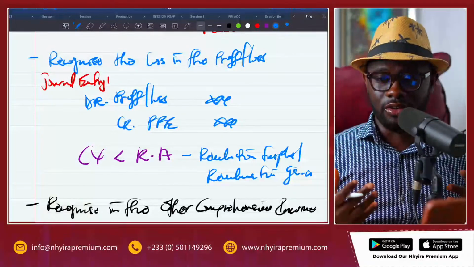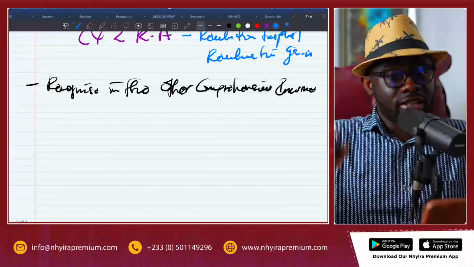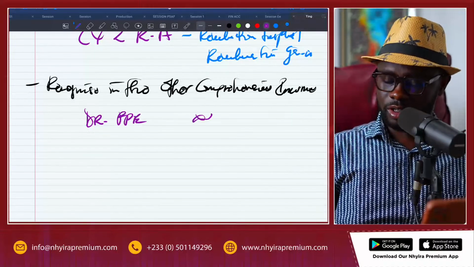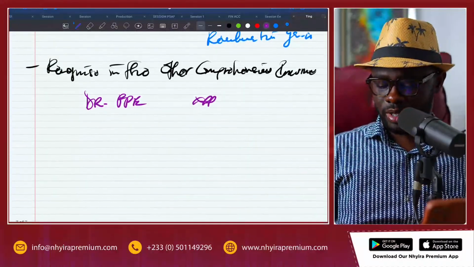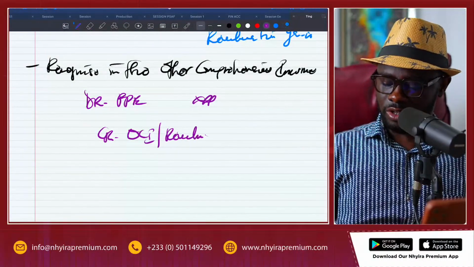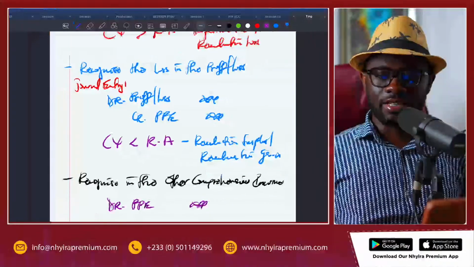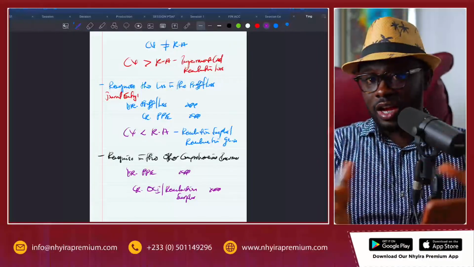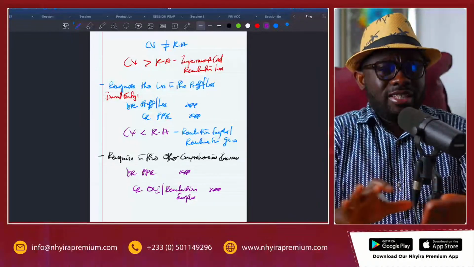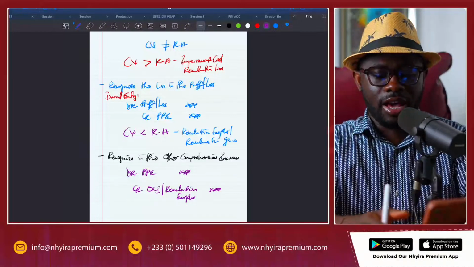Then if we have a first-time revaluation surplus, we are going to debit the property, plant and equipment because the value of the asset is going up, and then credit other comprehensive income, or if you want, revaluation surplus, in that case. That is the default way we treat revaluation of assets. That's the starting point.